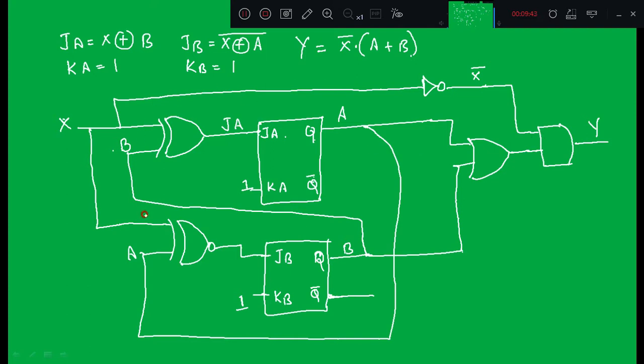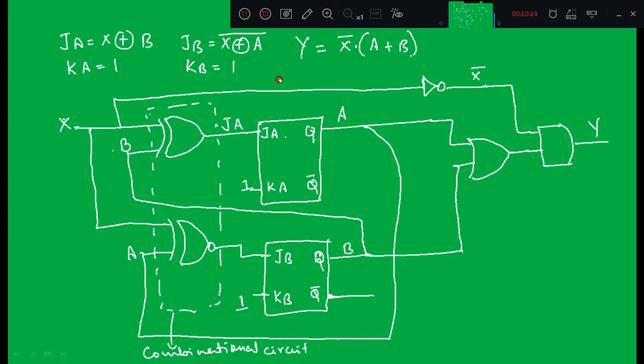So now if I group these circuits, if I divide the circuit into three parts, first we have only a combinational circuit, a combinational circuit which is a function of the present input as well as the present state. A and B are the present states, right?